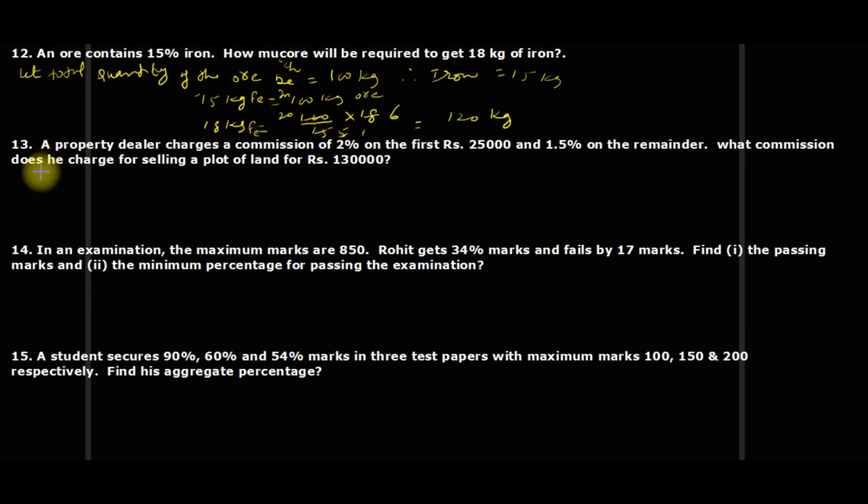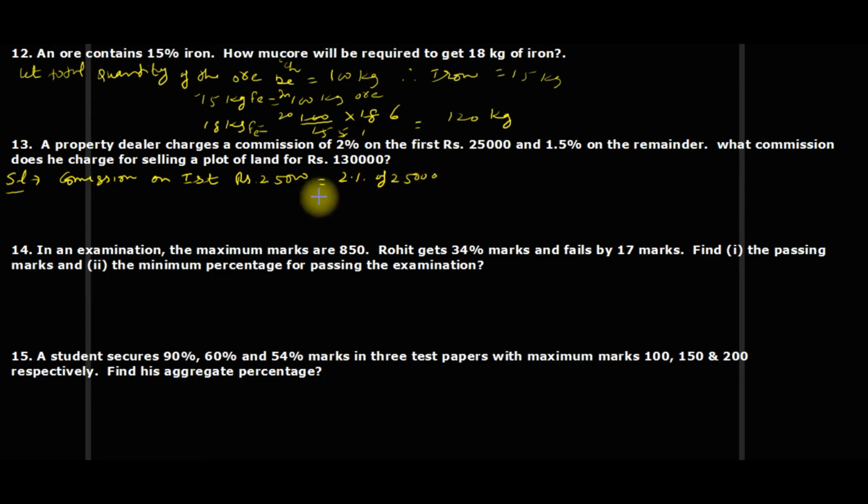So the solution would be: commission on the first rupees 25,000, so this will become 2% of 25,000.